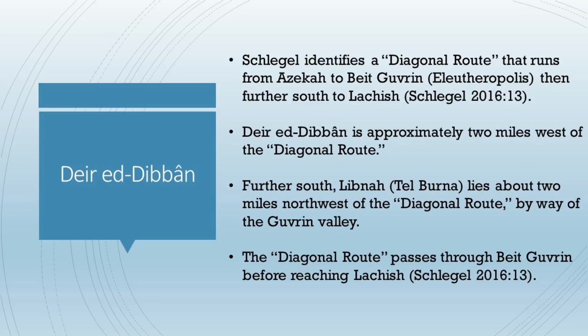And Diban is approximately 2 miles west of that diagonal route. You go further south, Libnah, or Tel Bernah, lies about 2 miles northwest of the diagonal route. You keep going by way of the Guvrin Valley, then you can reach Lachish by the diagonal route.